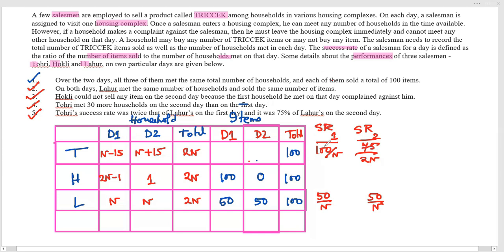Now what is it? Success rate is equal to number of items by number of households sold. So this by n minus 15 is equal to that. So I can write it down: 100 by n multiplied by n minus 15.